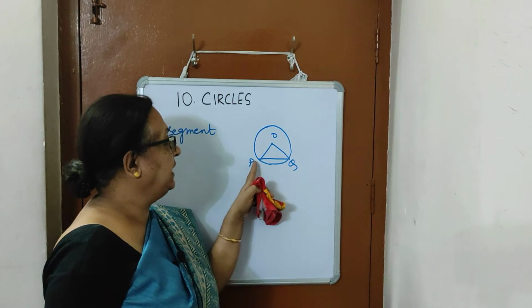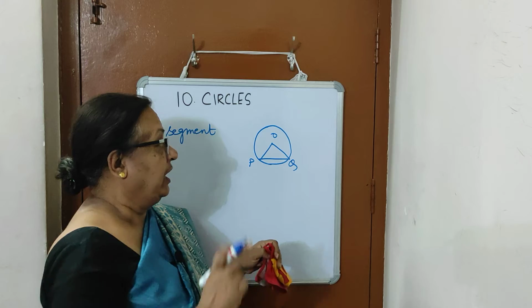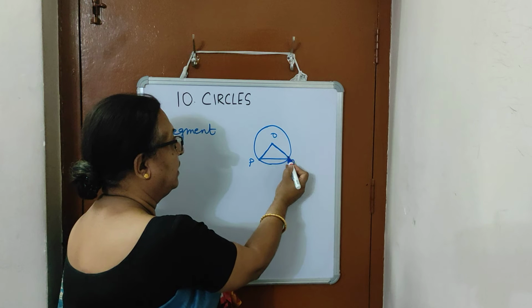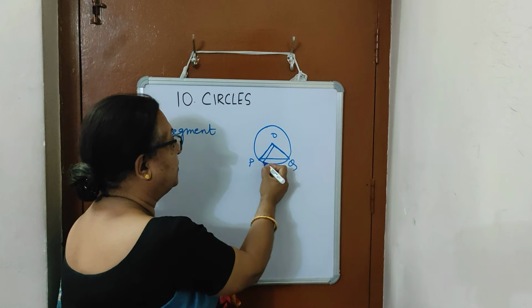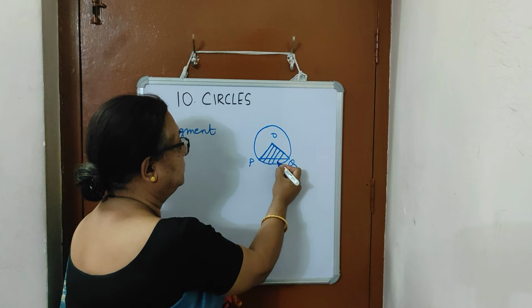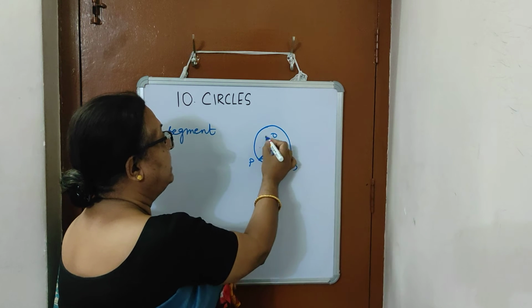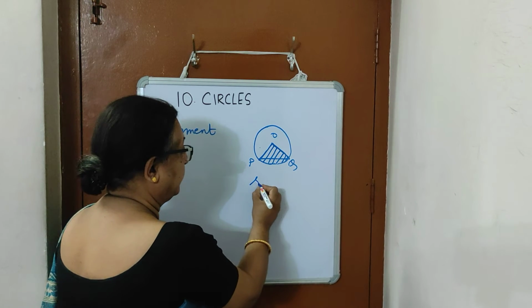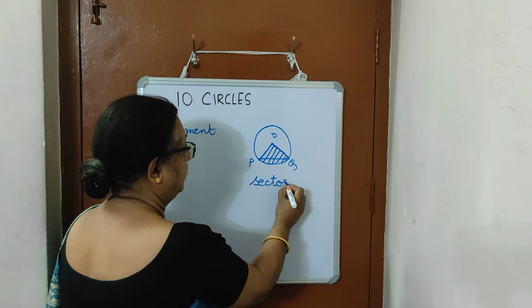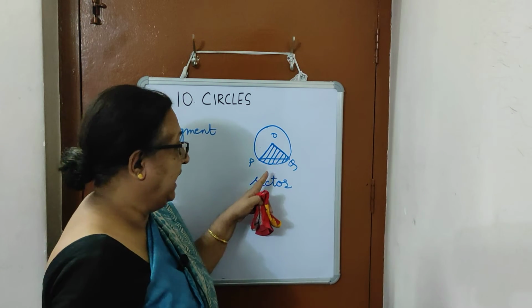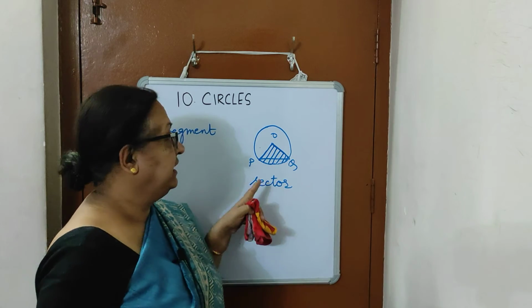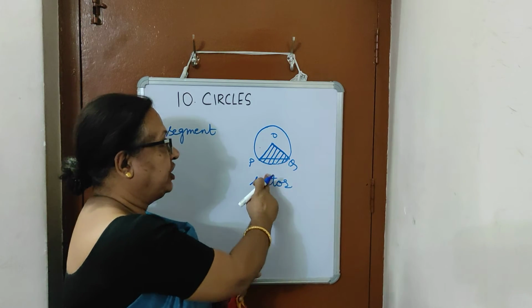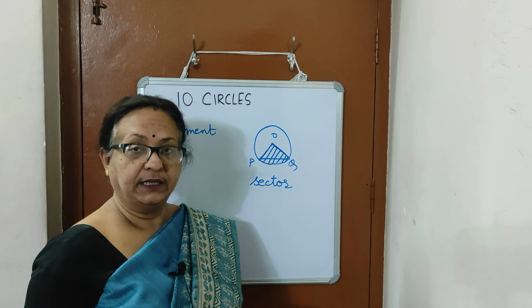This divides the circle into two parts. This is one portion and this is the remaining portion. Each portion is called a sector. The two radii divide the circular region into two sectors. The smaller one is the minor sector and the bigger one is the major sector.